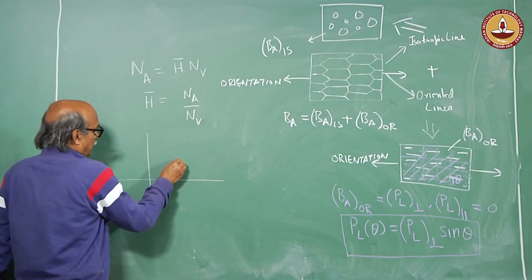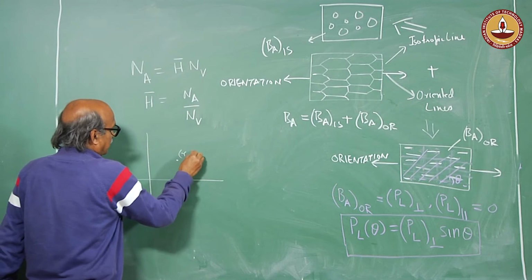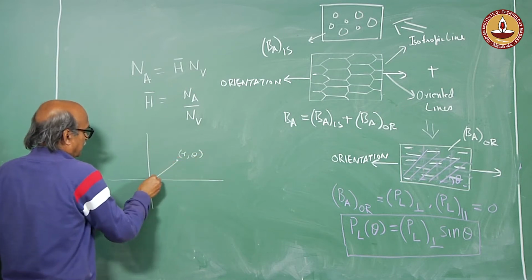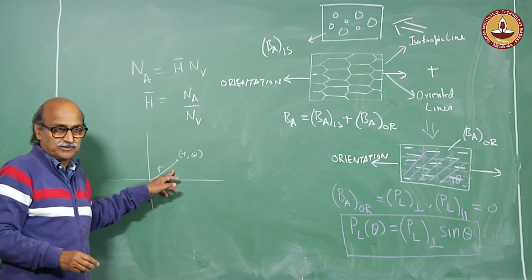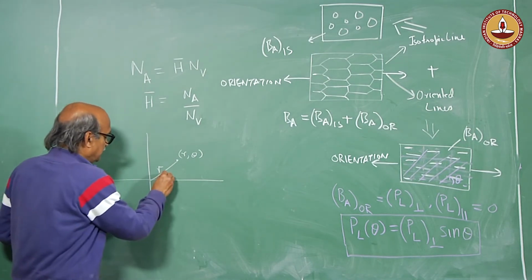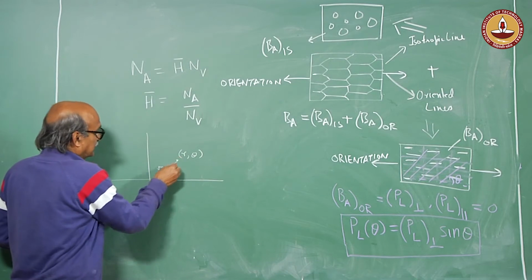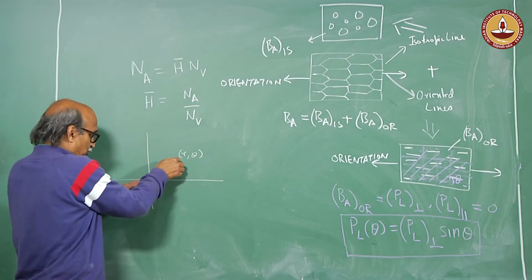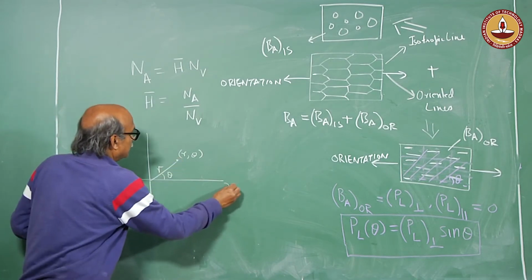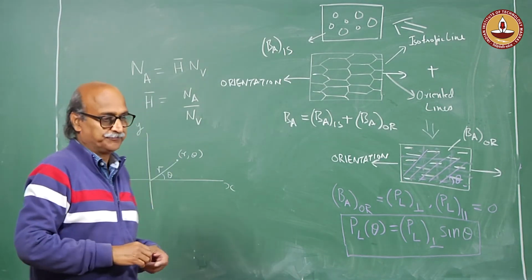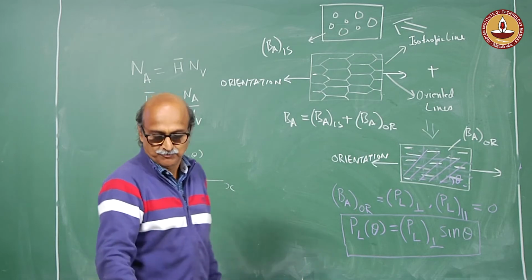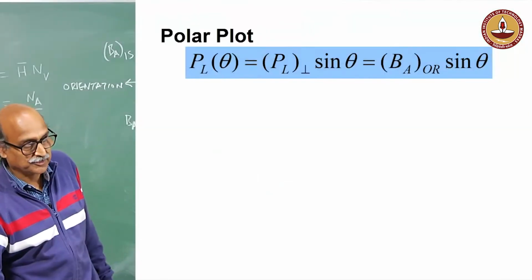A point on a polar plot has the coordinates r, theta, where r is the distance from the origin and theta is the angle that the vector to that point from the origin makes with respect to the x axis. That is the kind of plot which represents a polar plot.